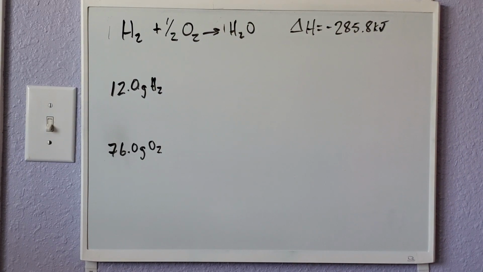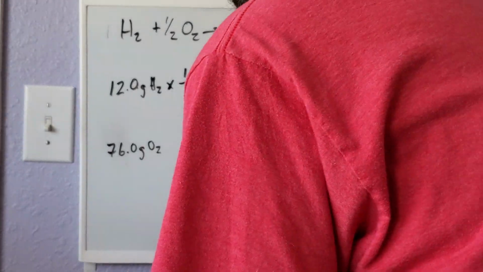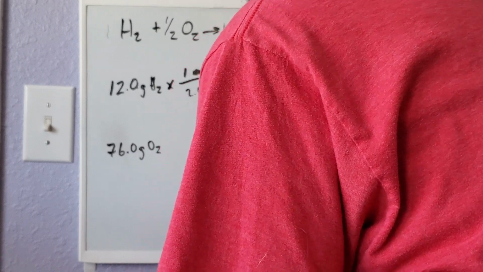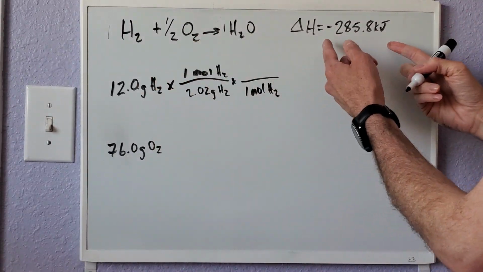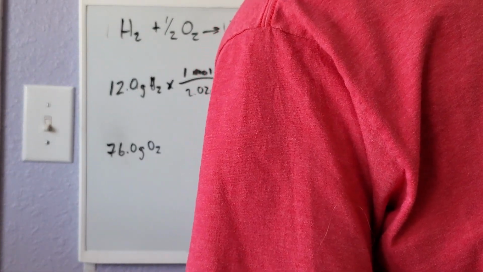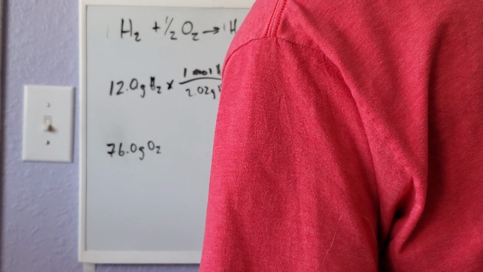And so going through the same steps we've done multiple times in the past, we're going to convert our grams of H2 into moles of H2. We know that 1 mole of H2 is 2.02 grams of H2. And by using our balanced chemical equation, we know that 1 mole of H2 is always going to be associated with this negative 285.8 kilojoules of energy.